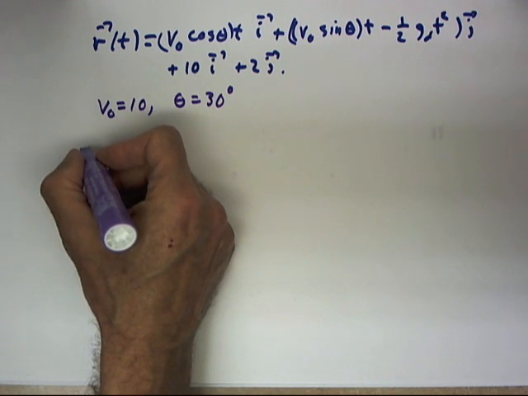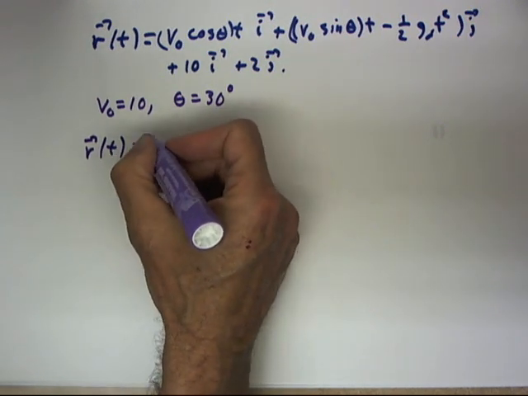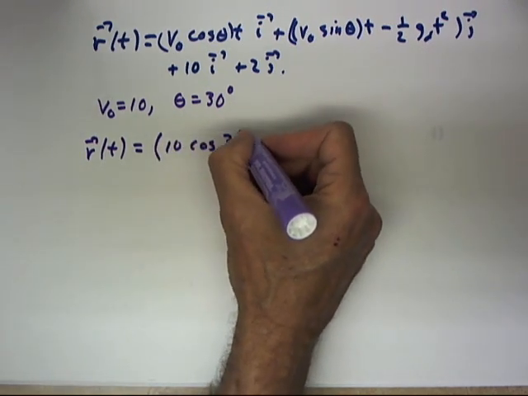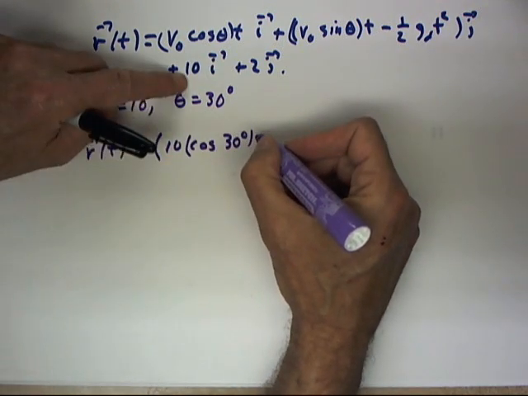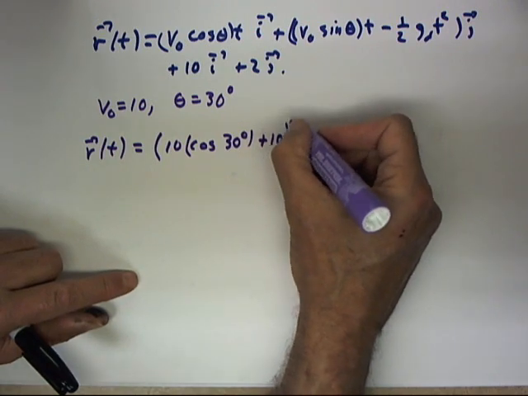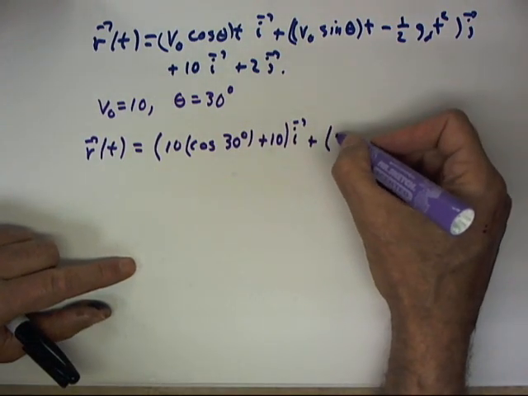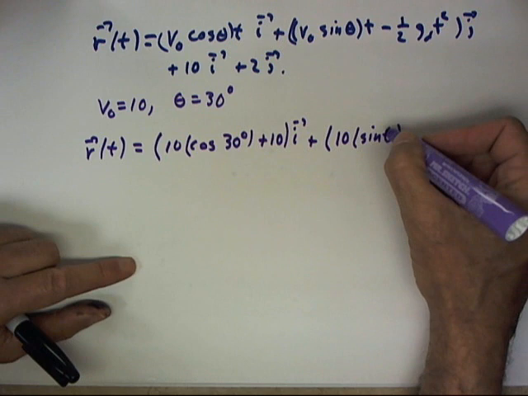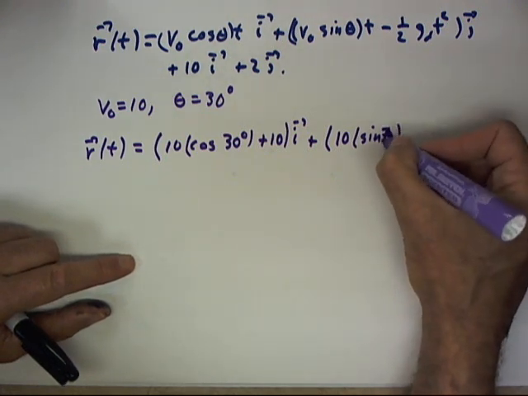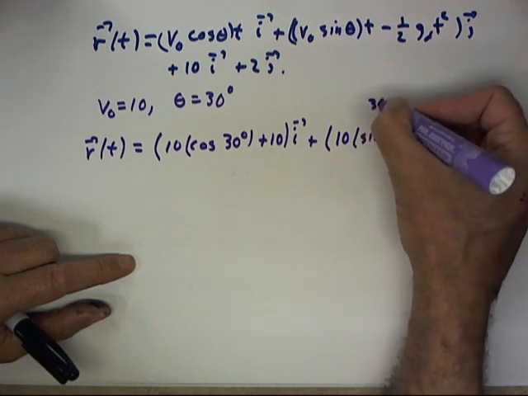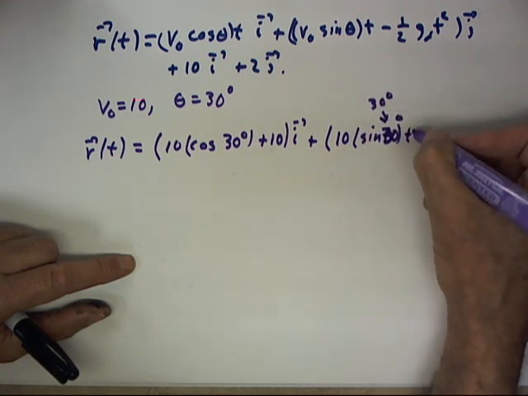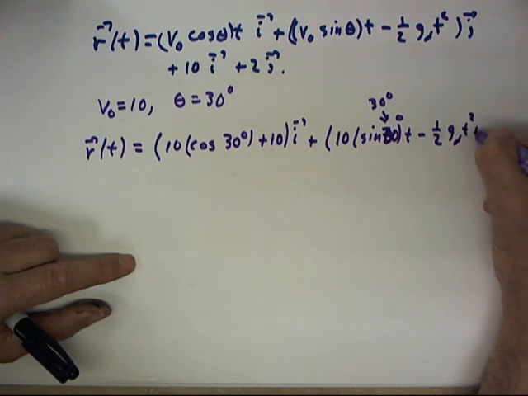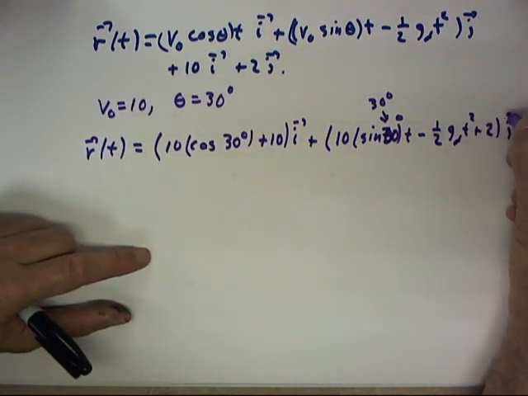So that our r of t function would be 10 cosine of 30 degrees, and I'm going to put my 10 back in here, plus 10 i plus 10 sine of 30 degrees, getting late, that should be 30 degrees, times t minus 1/2 g sub d t squared plus 2 times j.